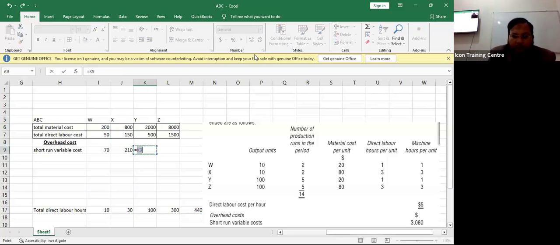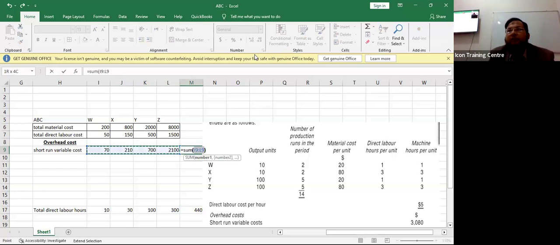Now again, 3080 divided by 440 multiplied by 100 gives you the short-term cost for Y. And again, 3080 divided by 440 multiplied by 300 gives you the cost for Z. Now the sum should be equal to 3080, right?